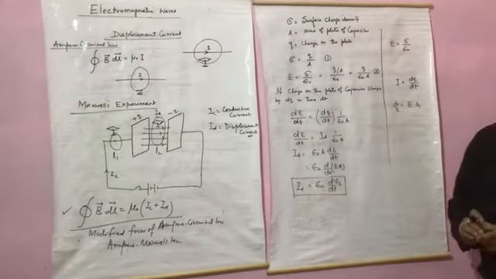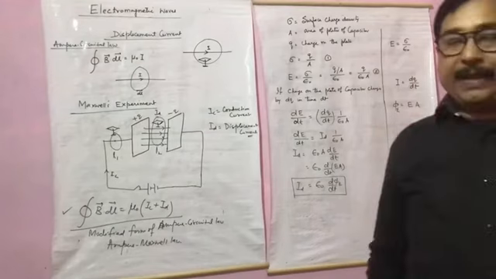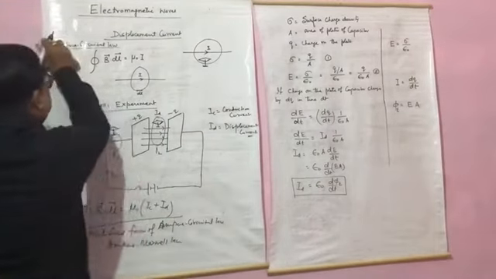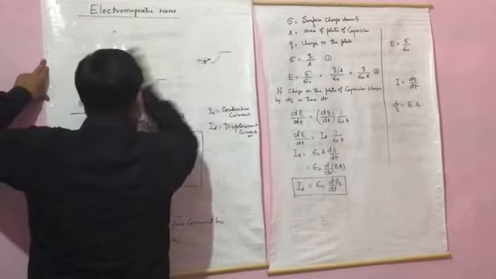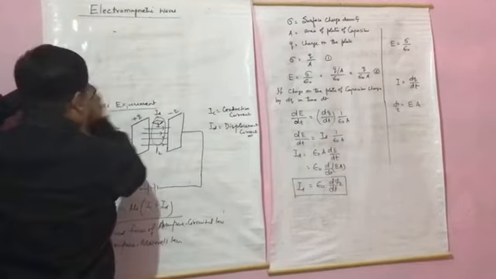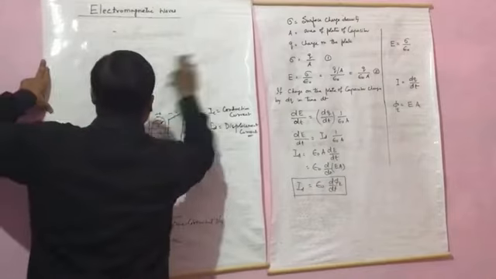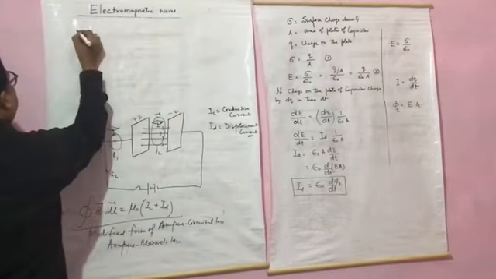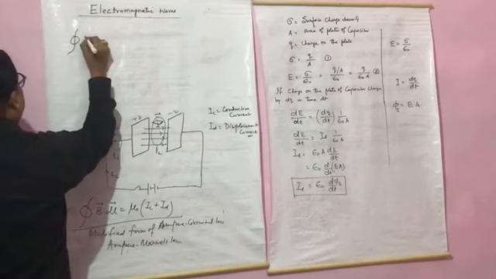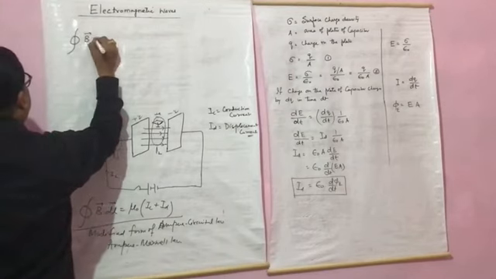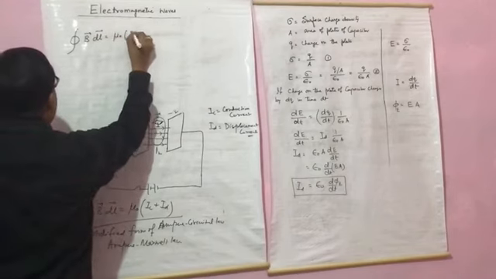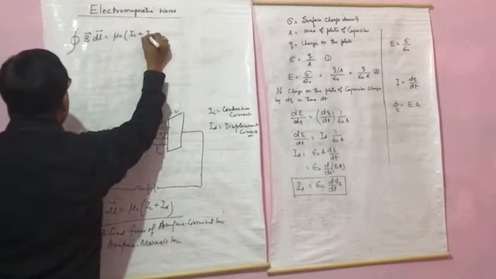And finally, the modified form of the Ampere-Maxwell law is: integral B dot dl is mu naught times IC plus ID.